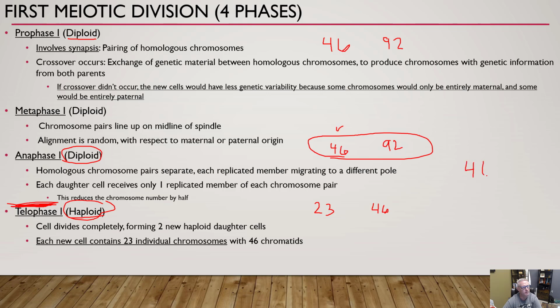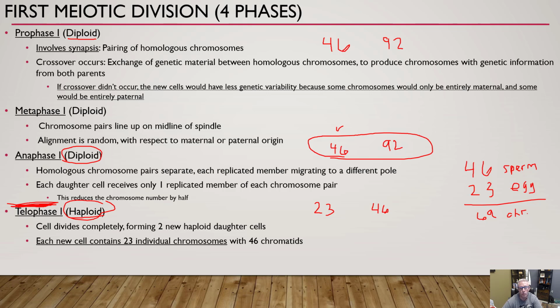So basically 46 from the sperm, 23 chromosomes from the egg, so we would have 69 chromosomes.